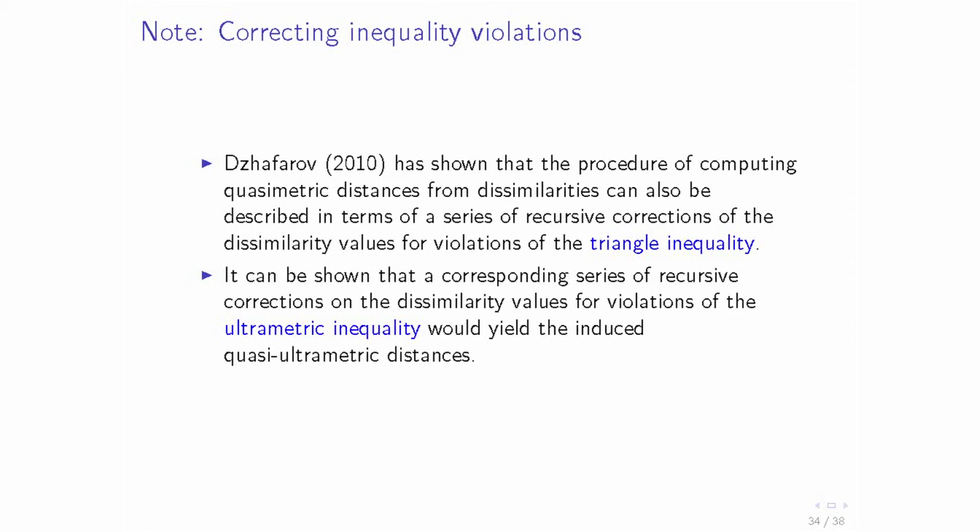You redefine the distance so that it becomes consistent with that. And he has shown actually that it does not depend on the order of doing these corrections. And together with his son, he has also shown that it's possible even to do in an infinite case with transfinite induction. I think that was a sequel paper. So that shows us another way of getting to the Fechnerian distance, really.